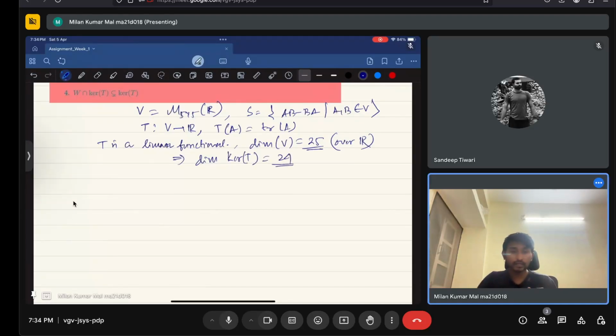You know the rank of a linear functional is always 1, so the rank-nullity theorem gives the dimension of the kernel as n minus 1. So 24.